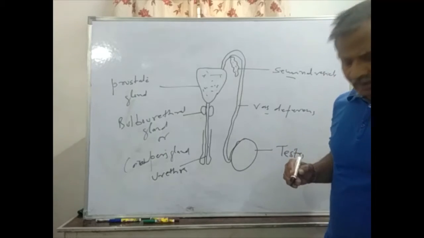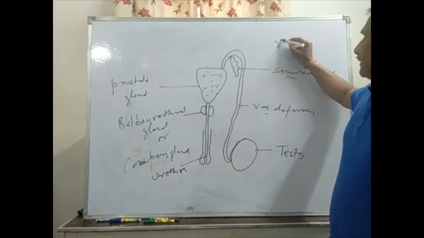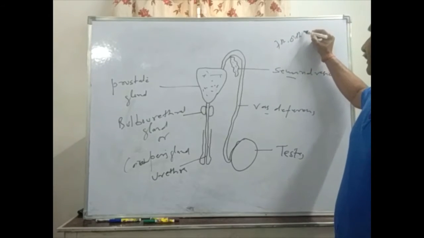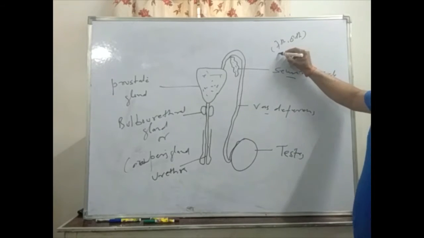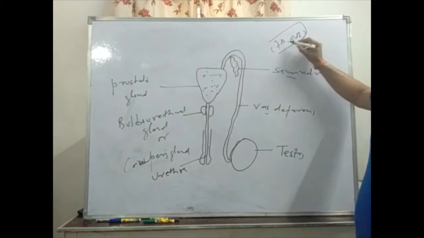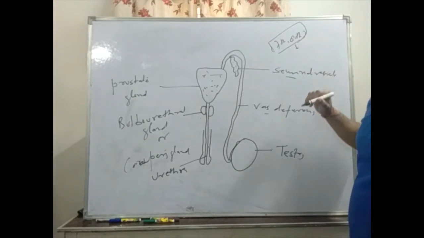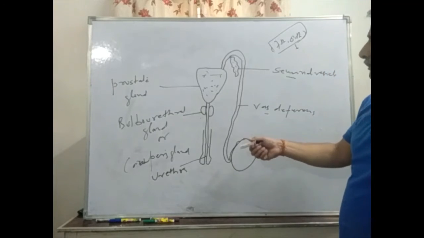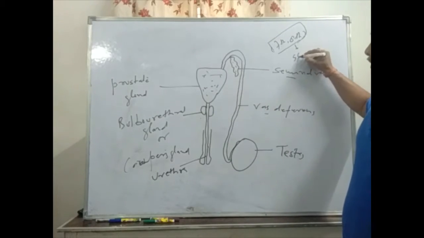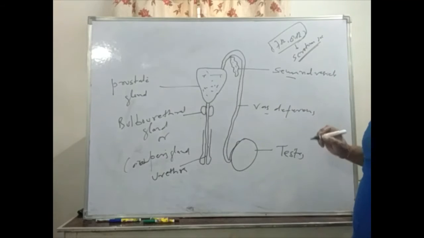During the 7th and 8th week of fetal development, the development of the testes starts and they are still in the abdominal cavity. But later on, at the time of birth or before birth, they descend into the scrotal sac, the structure outside the abdominal cavity.